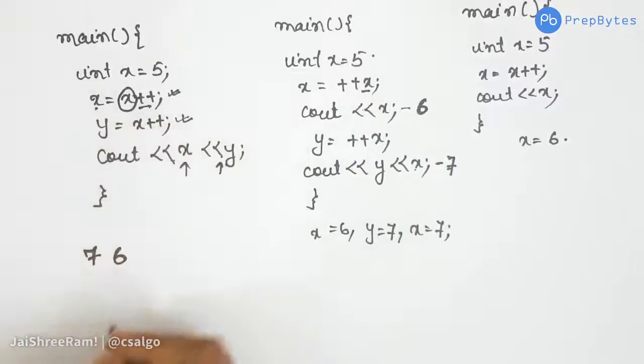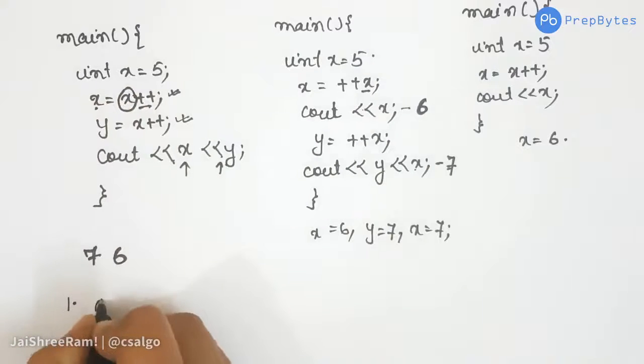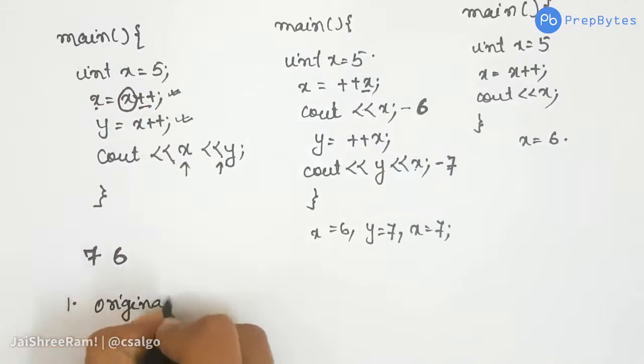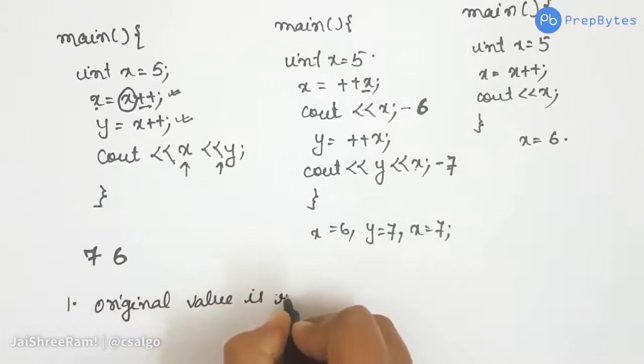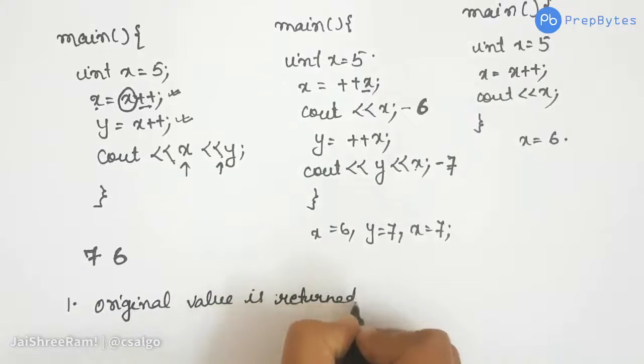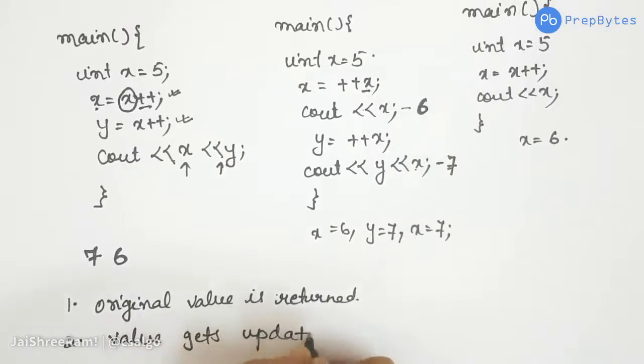So I can say that first the original value is returned, or evaluated or used, and then the value gets updated with the increment operation. So we are discussing postfix increment and prefix increment here.